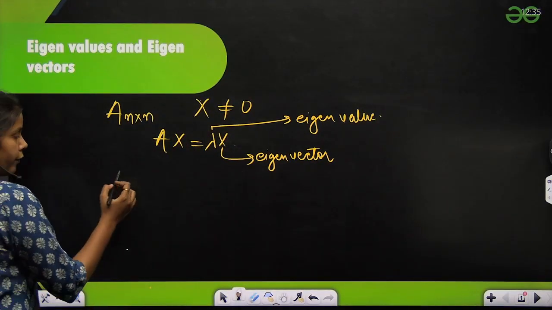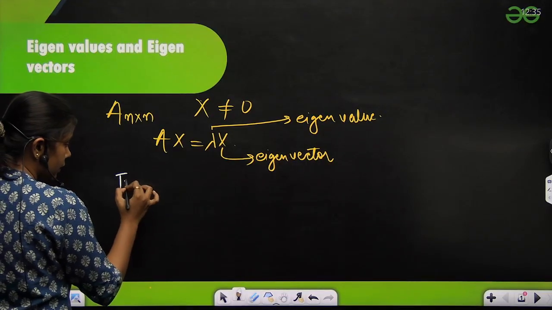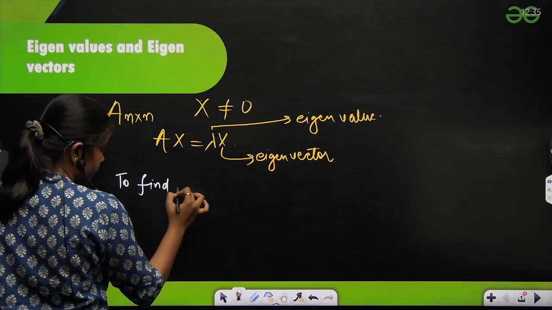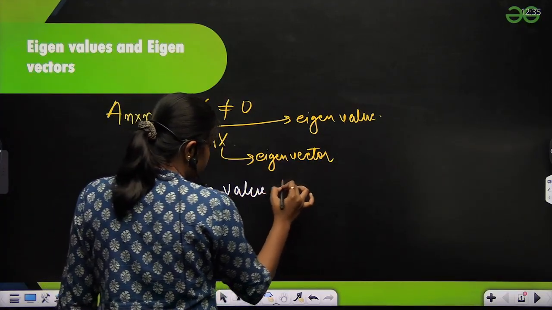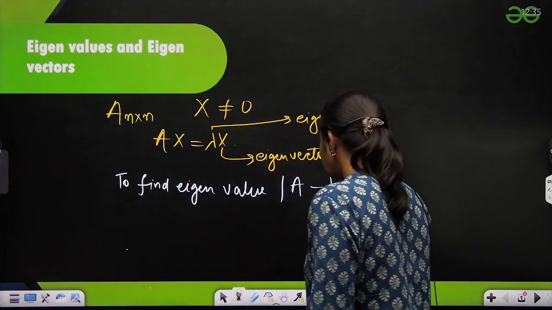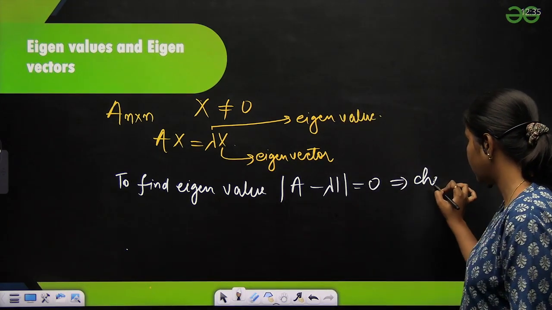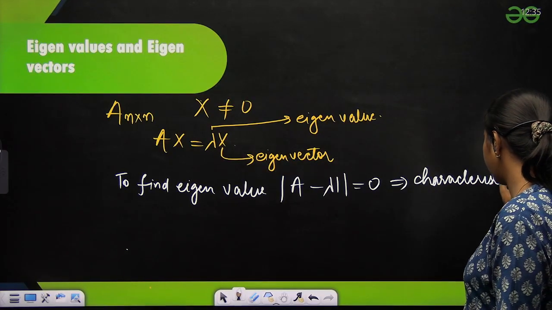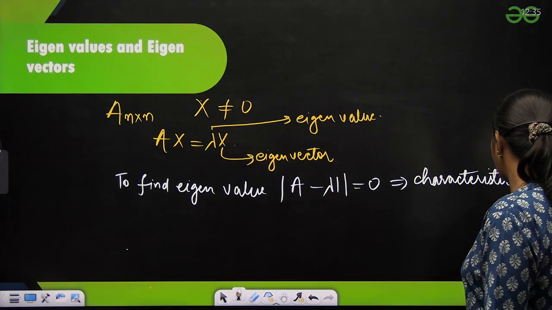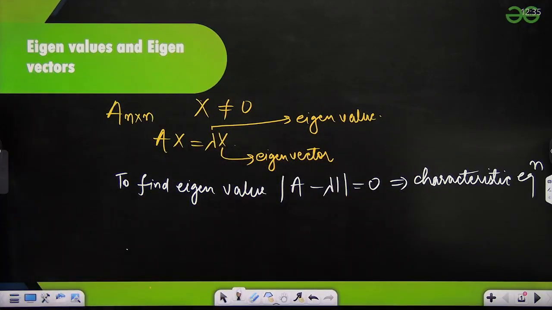To find eigenvalues, I'll solve the determinant of A minus lambda I equals 0, which I call my characteristic equation, and I'll get the eigenvalues here.